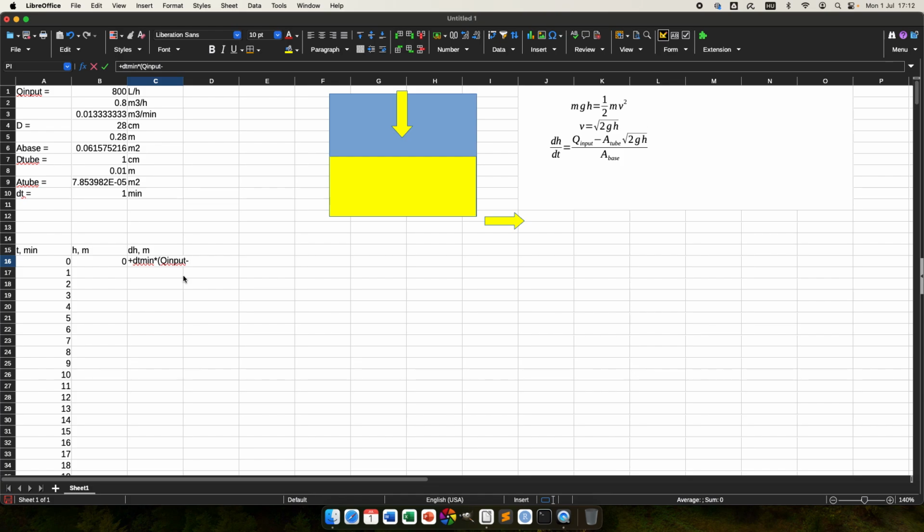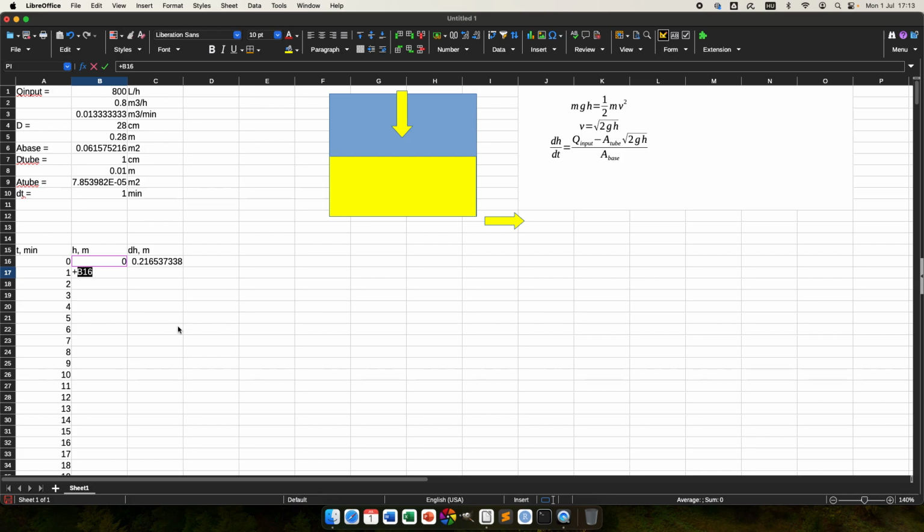It's better. The tube area multiplied by the square root of 2 times gravity acceleration, not 10, be careful, 9.81, times the water level. The current water level is here at the same row, and then everything is divided by the base area. And now we have it.